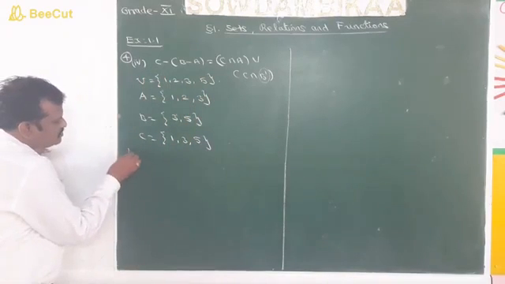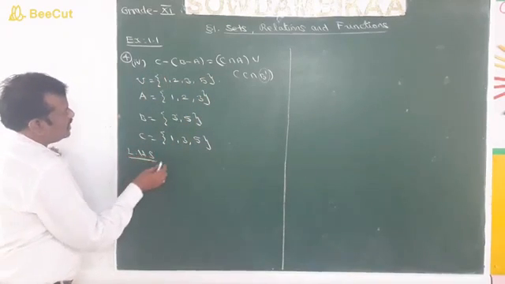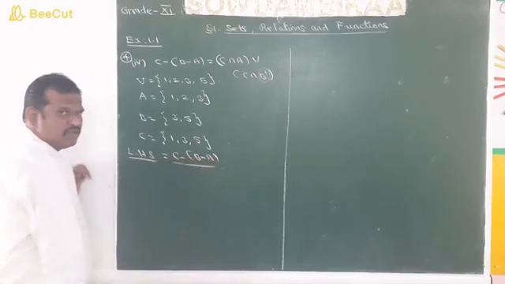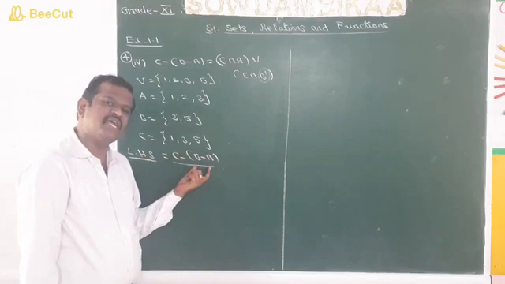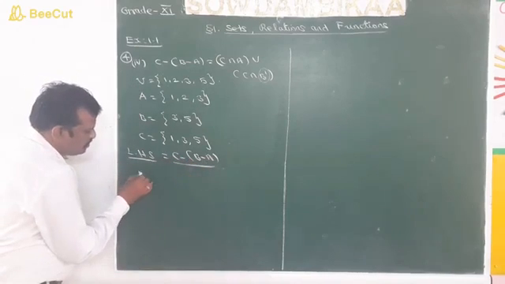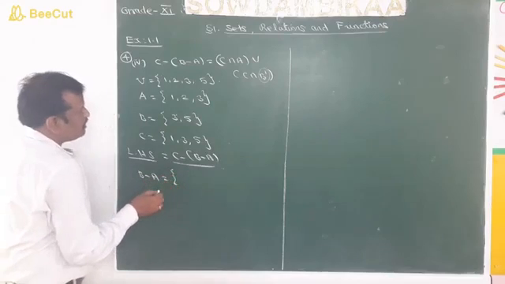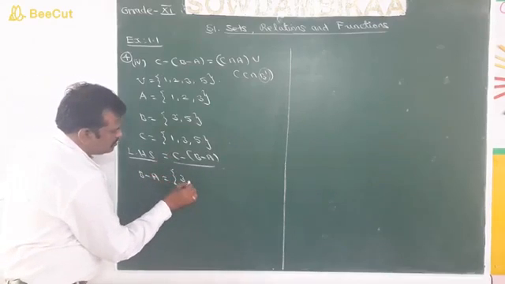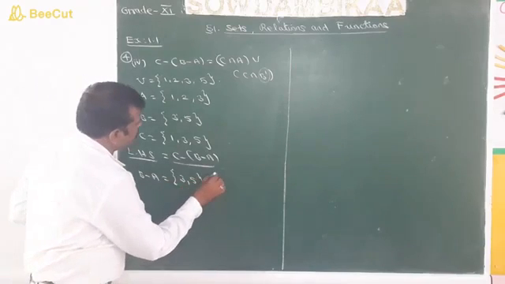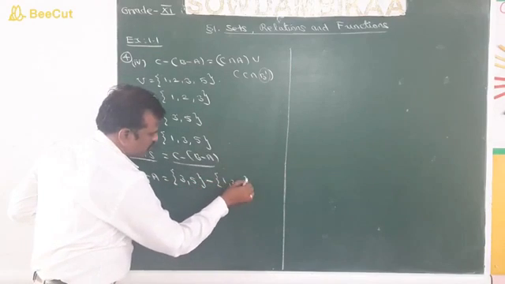So LHS. What is LHS? C difference, B difference A. So bracket term should be evaluated at first. So we have to find B difference A at first. So B difference A. What is B? B is nothing but 3, 5, and A is nothing but 1, 2, 3.